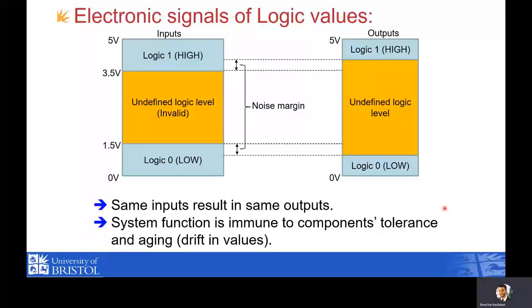As we said earlier about digital systems, the same inputs always result in the same outputs. And the system function is immune to component tolerance and aging. And this is because of ignoring the noise in between the two values. The property of immunity comes from that. You can make your system more immune if you increase the noise margin, like in the example over here.